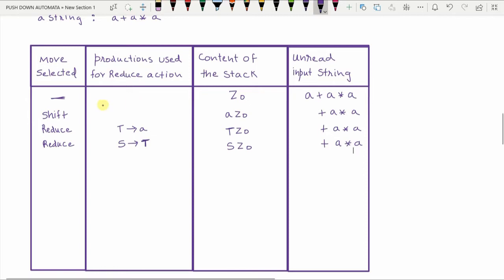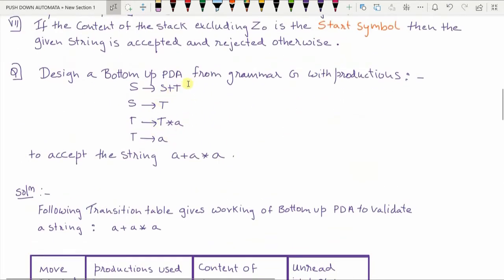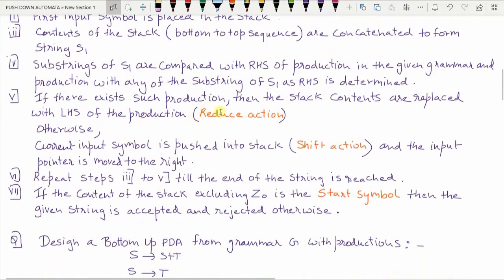Now, whenever you are reading the content of the stack, you should always exclude the token. So what is the content of the stack now? There is only S. Now find out, is S the right hand side of any production? No, S is not the right hand side of any production. That means the reduce action in the fifth step does not work.